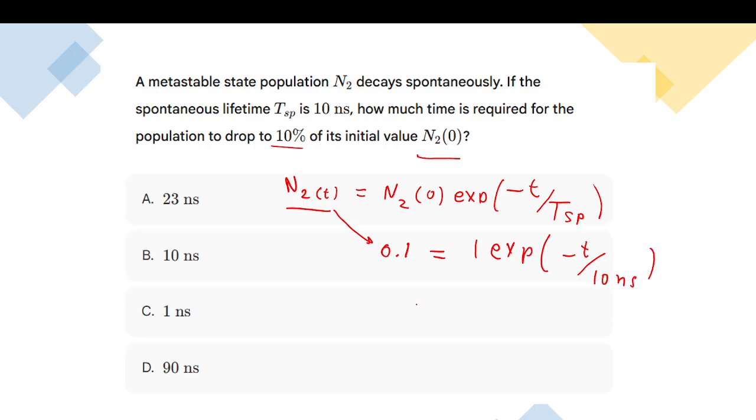So after putting in all these values we'll get approximately 10 ln 10, which is approximately 23 nanosecond. So this is the correct answer, option A.